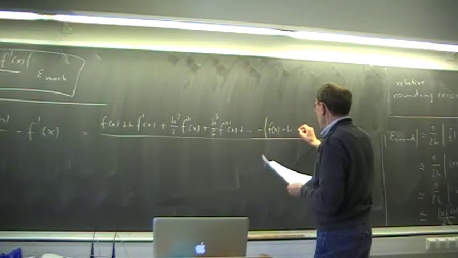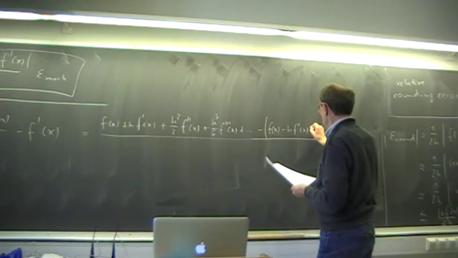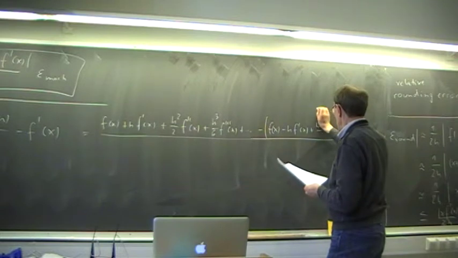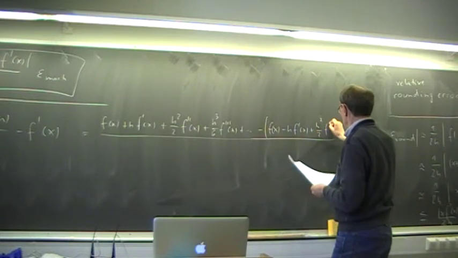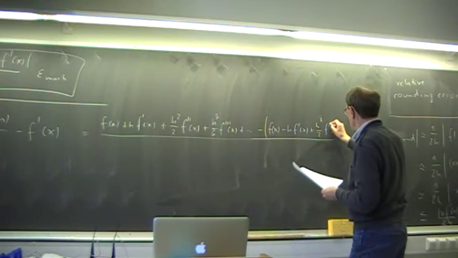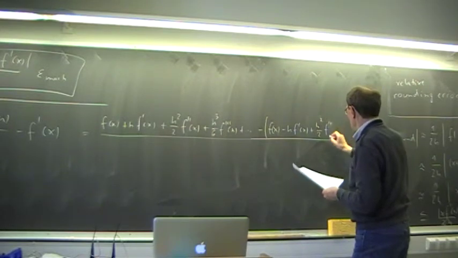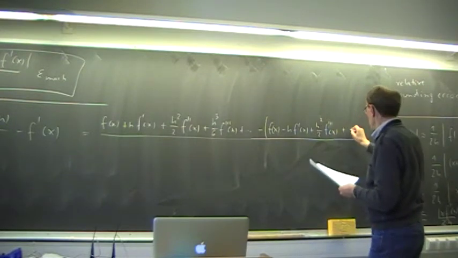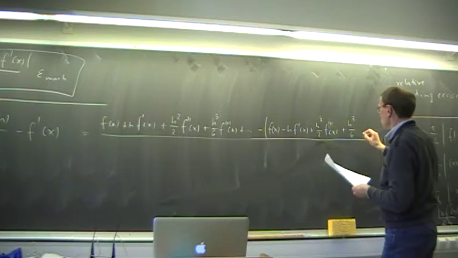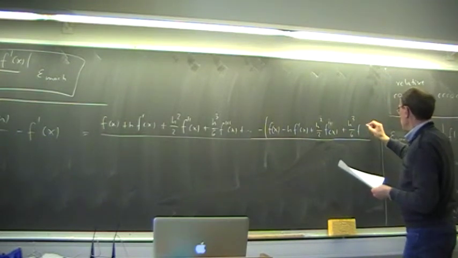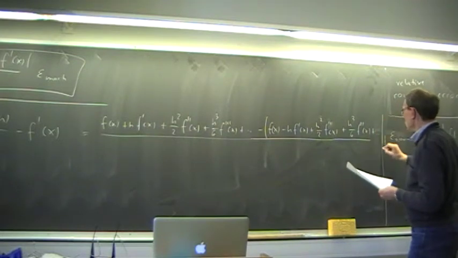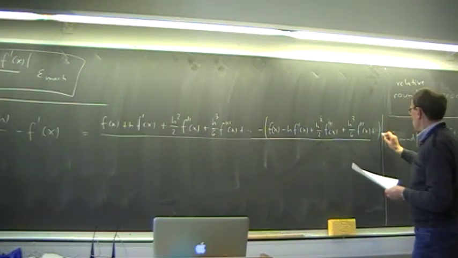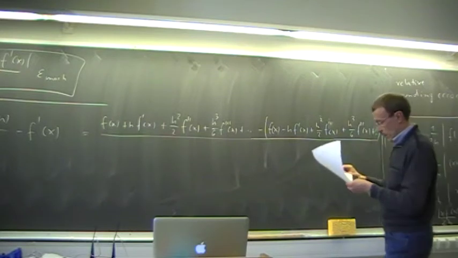f of x minus h: f prime of x plus h squared half, second derivative of f with respect to x plus the third, h to the power 3 divided by 6, third derivative of x plus higher order terms, and divided by 2h.